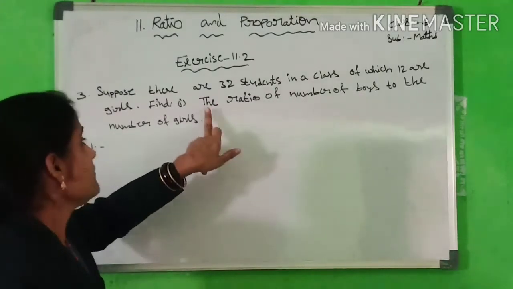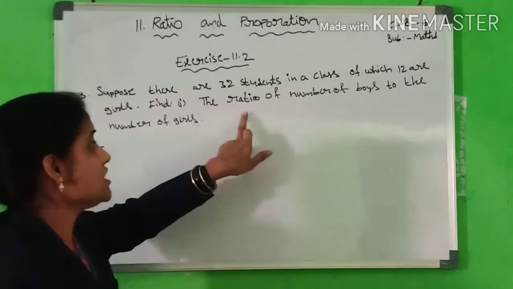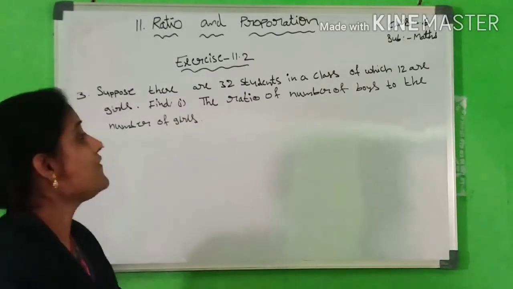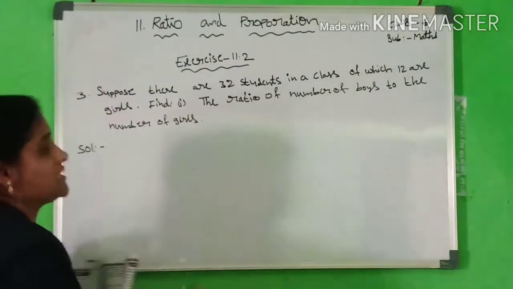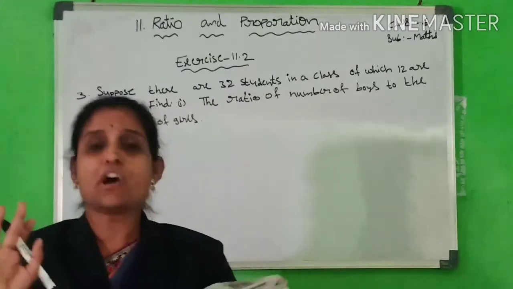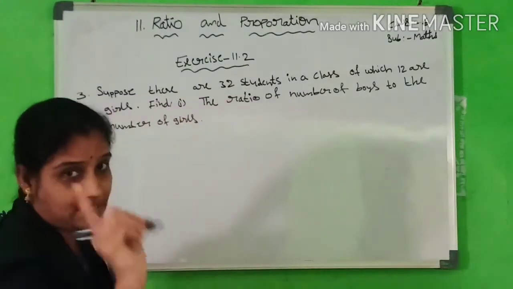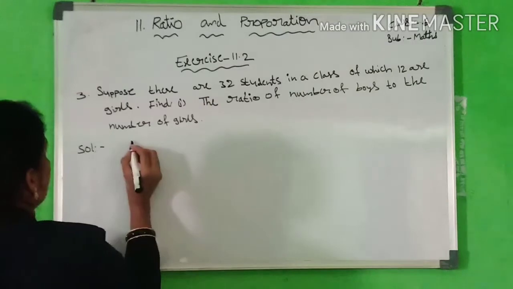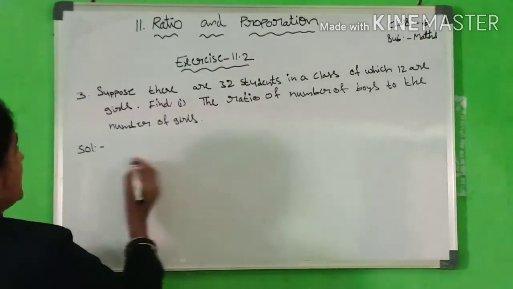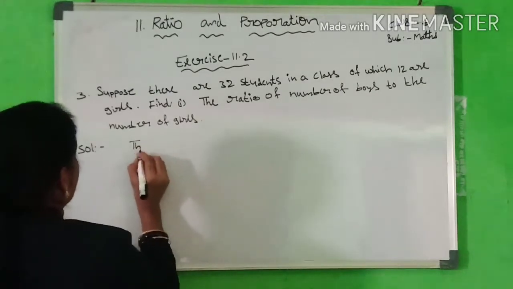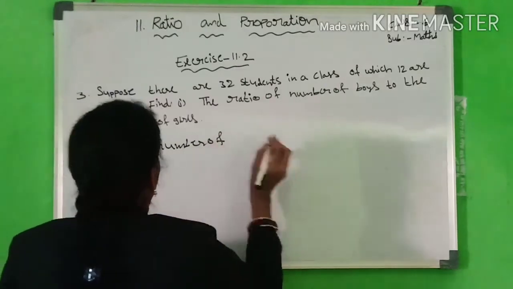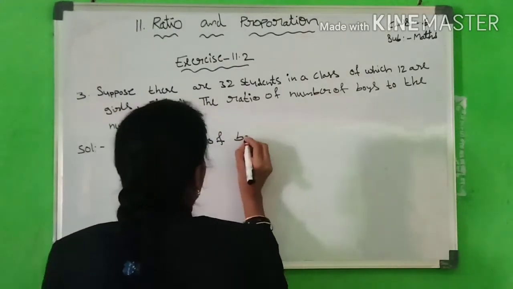Now, boys. What is the question? First question: the ratio of the number of boys to the number of girls. First you have to find the number of boys. Here the boys are not given, so first of all you have to find the number of boys.